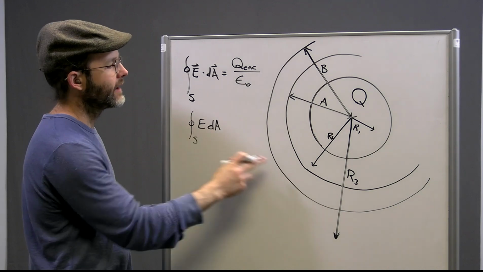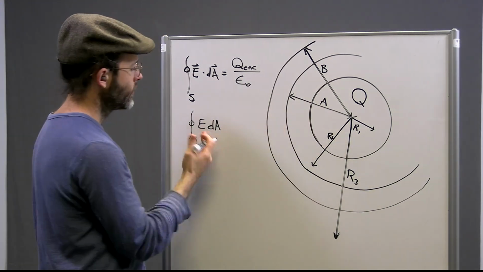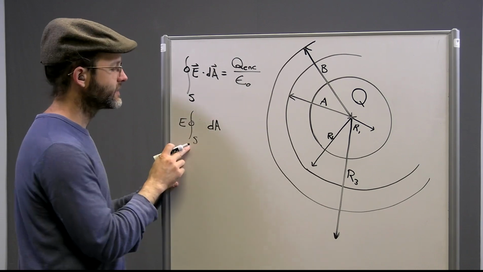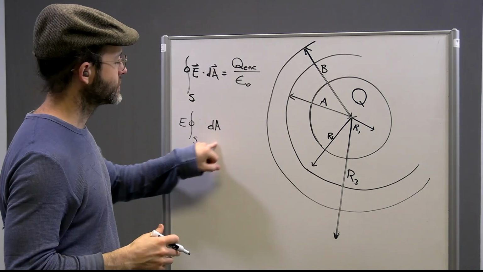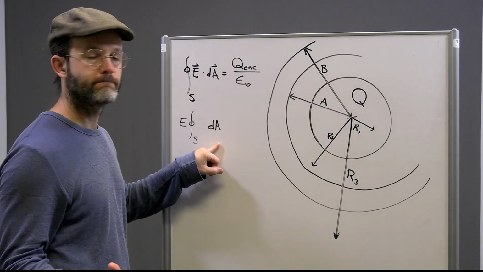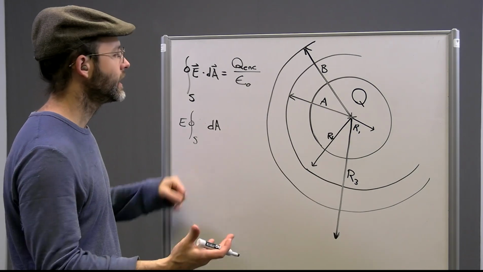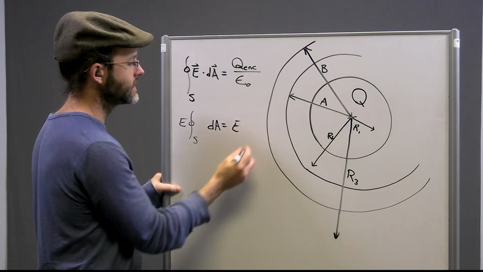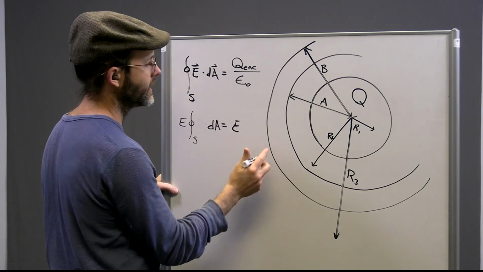Also, because we have a uniform charge density, we can bring E outside of the surface integral. Therefore, we simply have a surface integral over this differential area. That, for a sphere, just equals E times the surface area of a sphere.